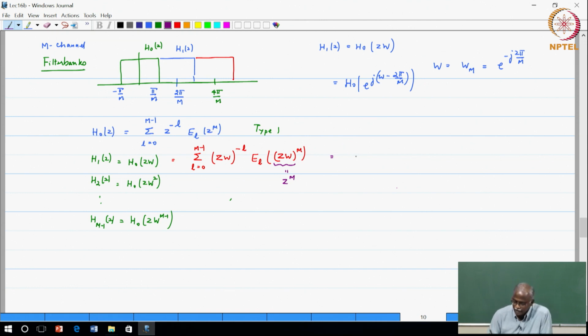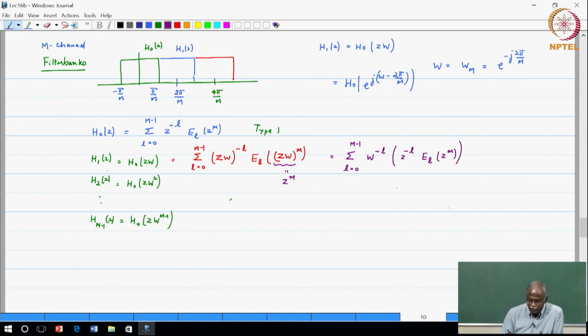So, this one can be written in the following way. This can be written as summation L equal to 0 to M minus 1 of W power minus L, and then I am going to group the terms inside, Z power minus L E_L of Z raised to the power M. Okay.